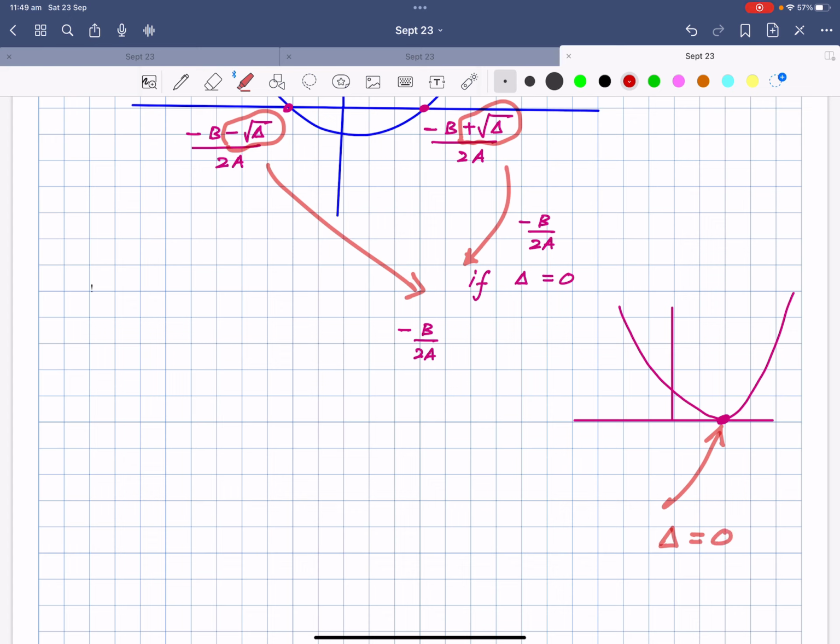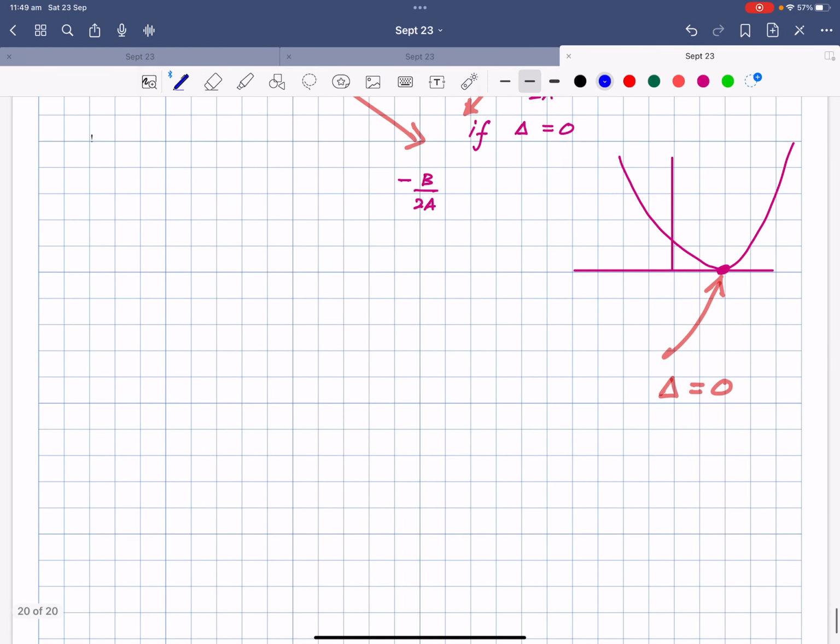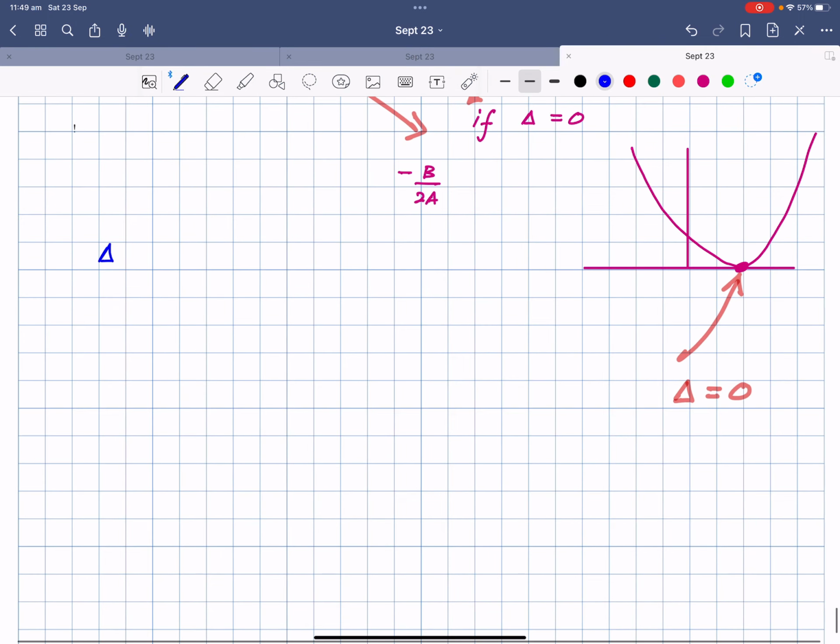Okay? So now based on this discriminant, we construct three conditions, right? When delta is equal to 0, we say one solution. When delta greater than 0, we say two solutions.